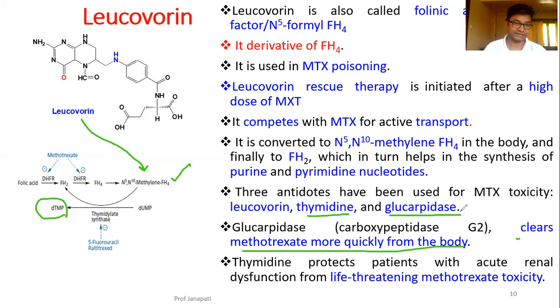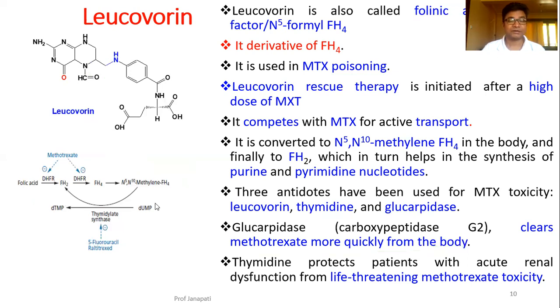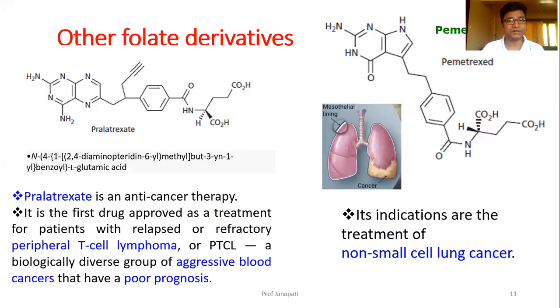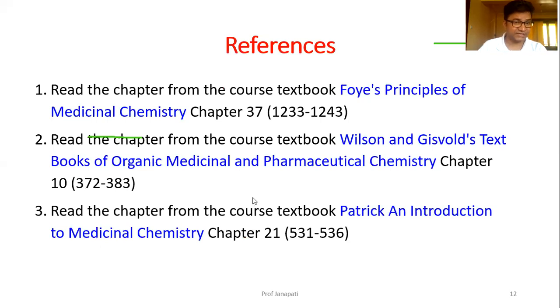Now we are almost finished. There are some more similar drugs, that is pralatrexate and pemetrexed. These are some of the newer drugs which are folic acid derivatives. The reference materials are Foye, Wilson and Gisvold, and Patrick.